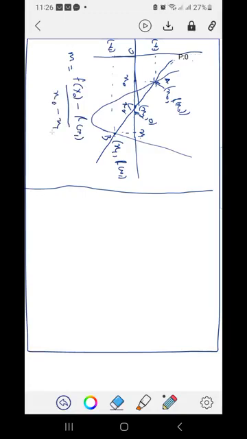Don't ask me why it is so. That's the same thing as change in y over change in x.